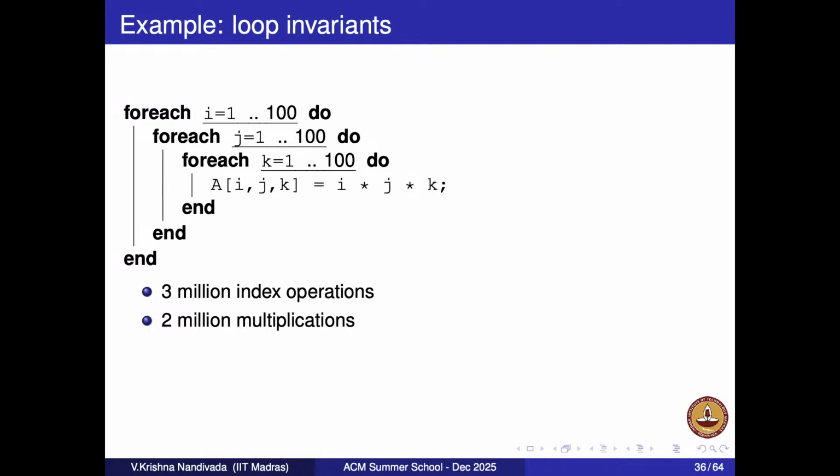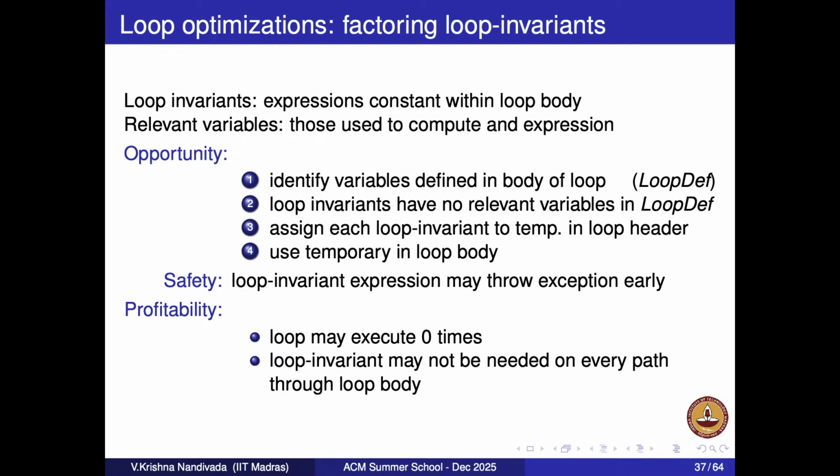No. So focus on any one expression and find out if the variables which are changing are used to compute it. If they are used to compute it, it is not loop invariant, it is changing. If they are not used in this expression, then it is invariant. That's the idea we will follow.